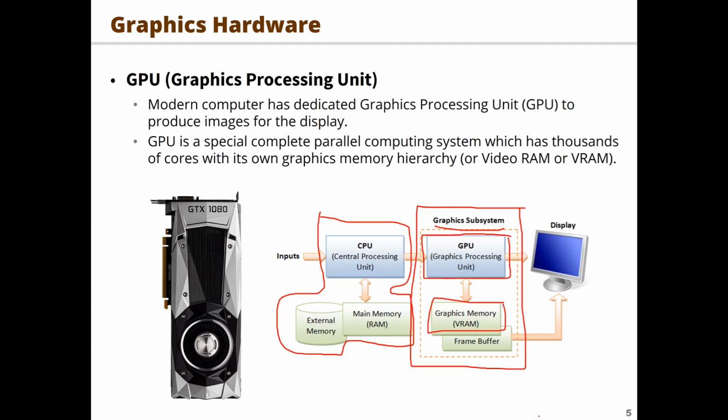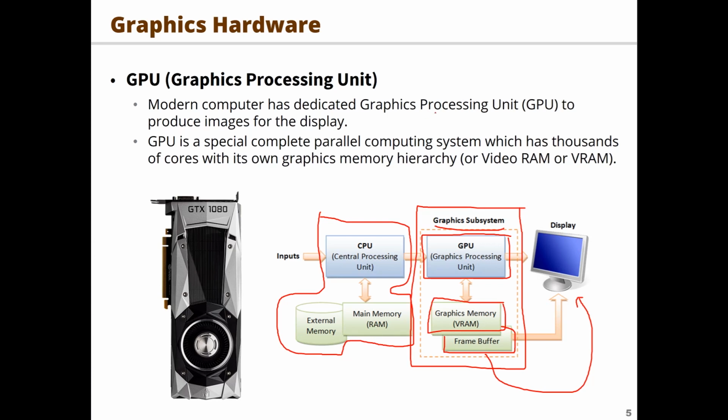So graphics memory, and some of the reserved memory area in the graphics memory, is called the frame buffer. Frame buffer is connected to the display. High-end graphics cards have a special graphics memory, but low-end GPUs usually share the memory with the main memory.